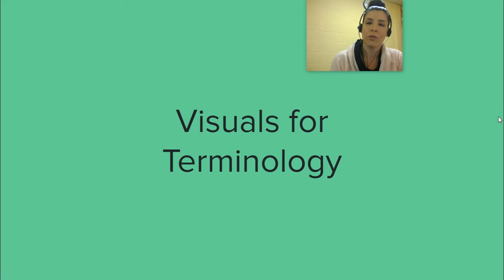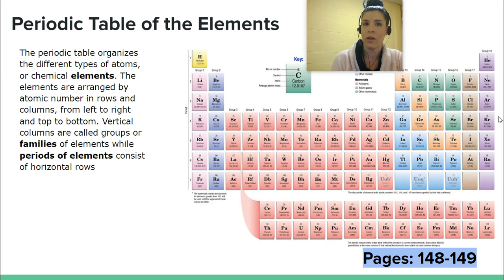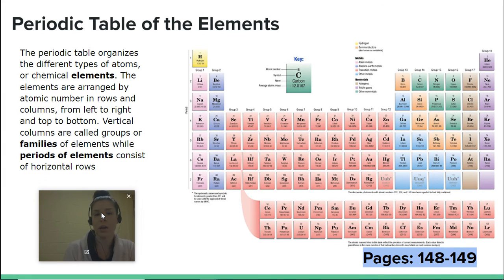Now, here are some visuals for terminology that you'll hear and see throughout your readings for section 1, 2, and 3 in chapter 5. So I put a picture of the periodic table. So the periodic table of the elements. These are on pages 148 and 149. The periodic table organizes the different types of atoms or chemical elements.